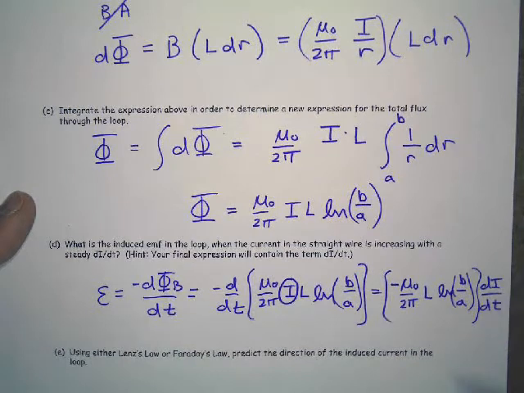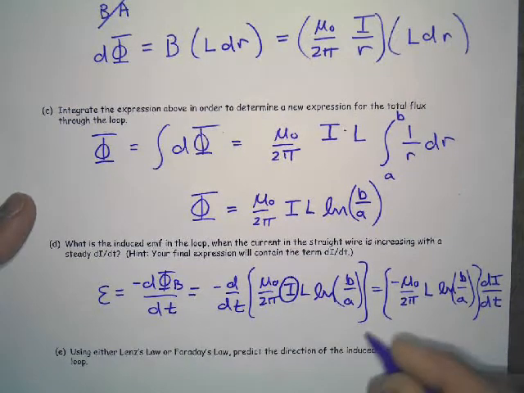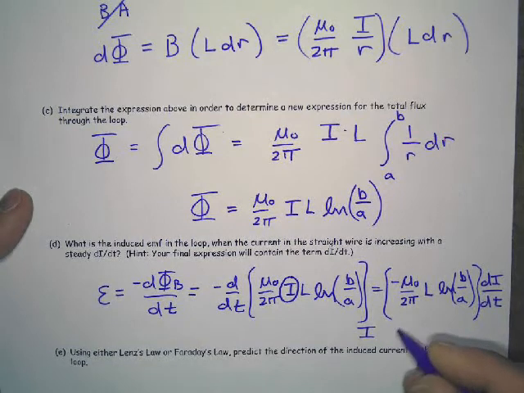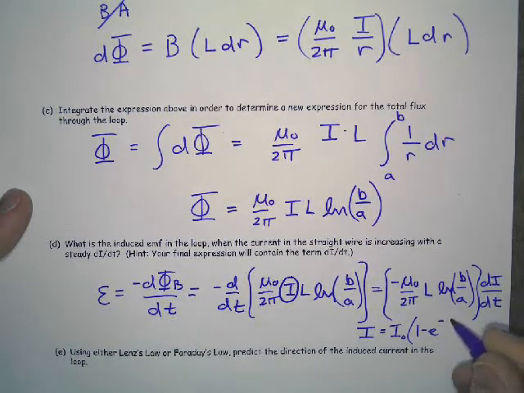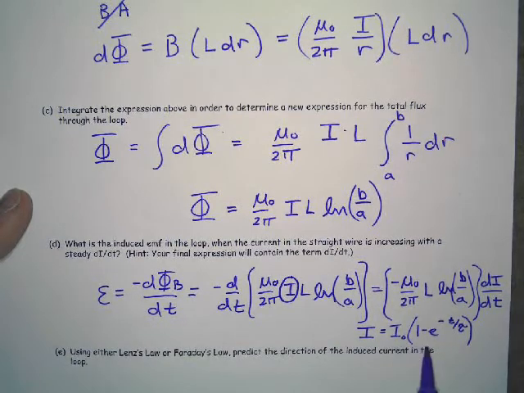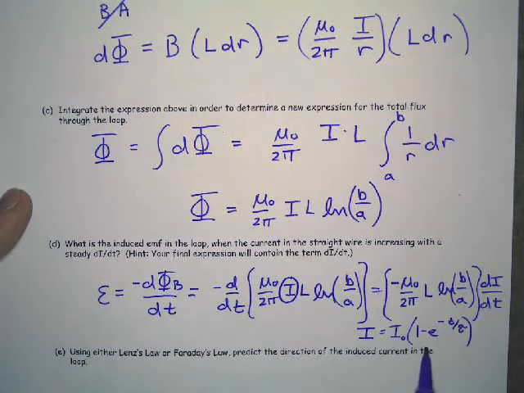So as an example, I'm not going to do this, but say maybe the current is growing in an exponential way, where it starts off with some value, I'll make it something like that. That kind of looks like our capacitor charging formula.